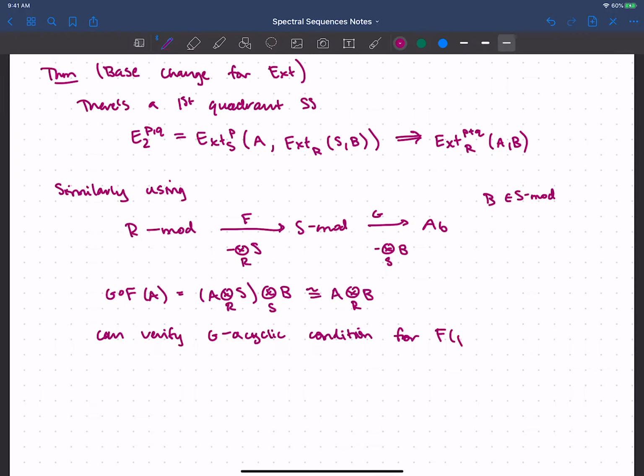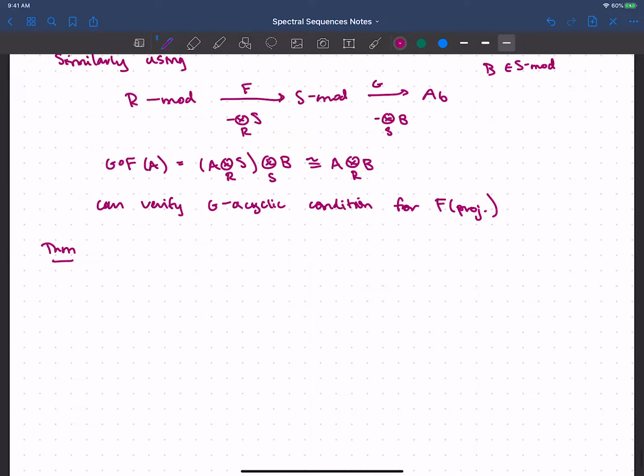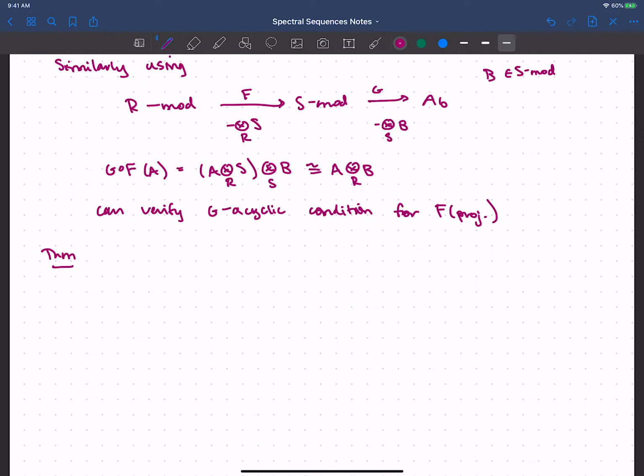for F applied to some projective. Okay, I think it's probably going to come from projective implies flat. In any case, then we get this other base change theorem. So using these and their left-derived functors, we get a base change for, well, the left-derived functors here are Tor.